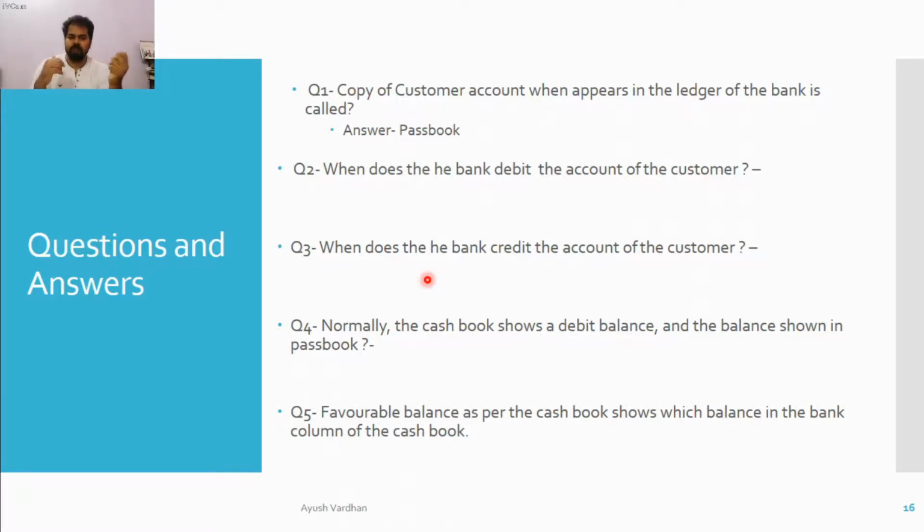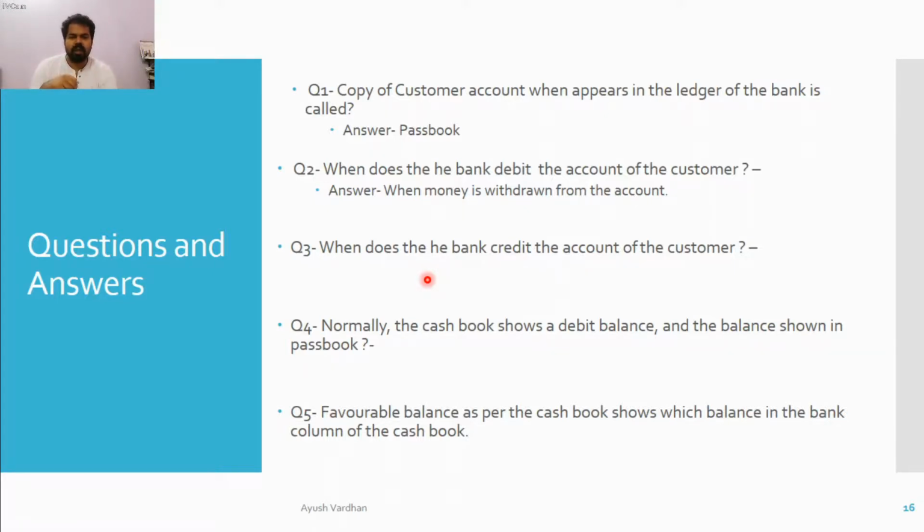When is a debit entry made in the account of the customer? The answer is when some money is withdrawn. When some money is withdrawn from your account, the bank makes a debit entry in your account.